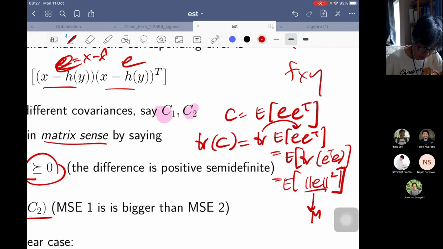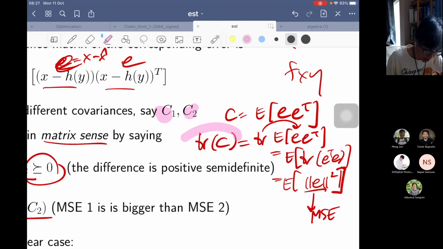So this is the MSE, the mean square error. The mean square error is given by the trace of the covariance matrix. That's the relation.